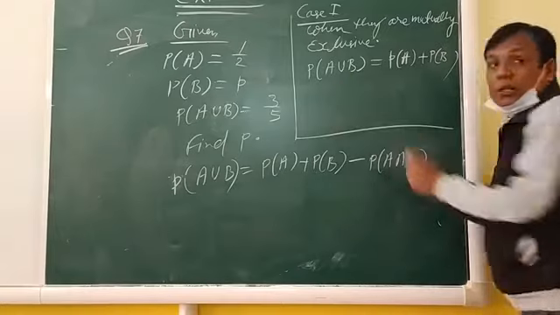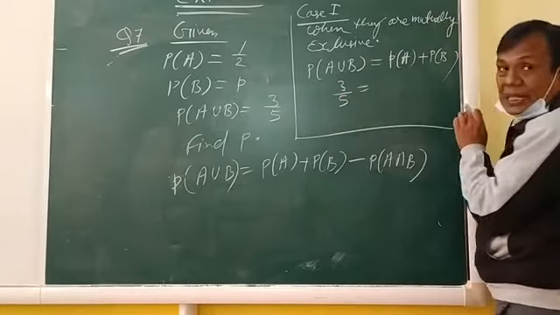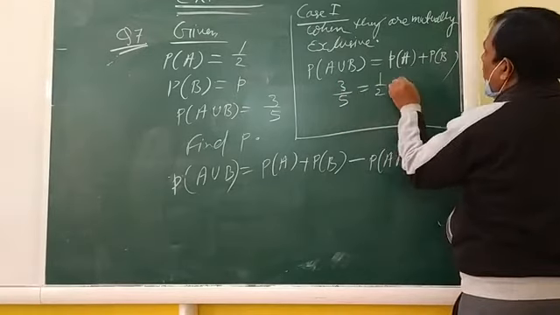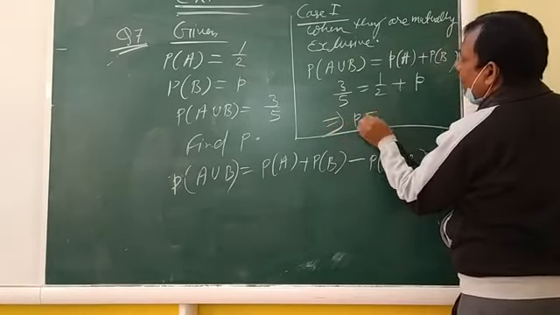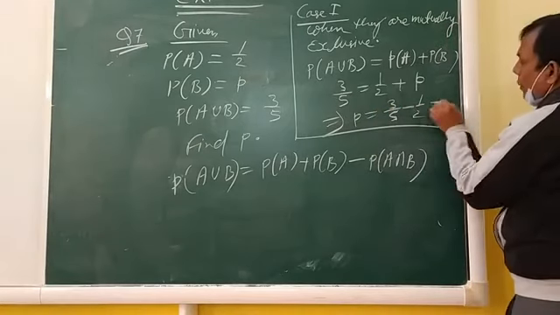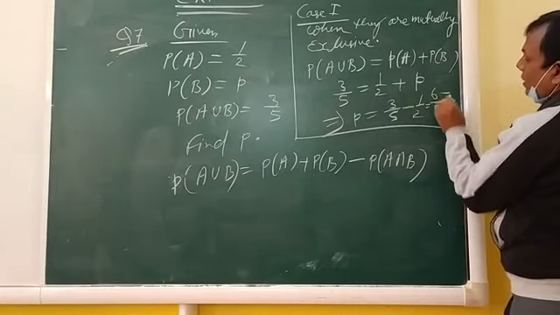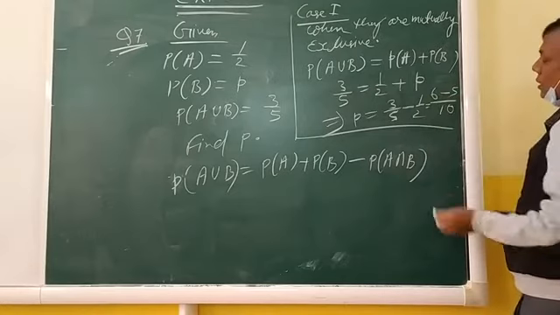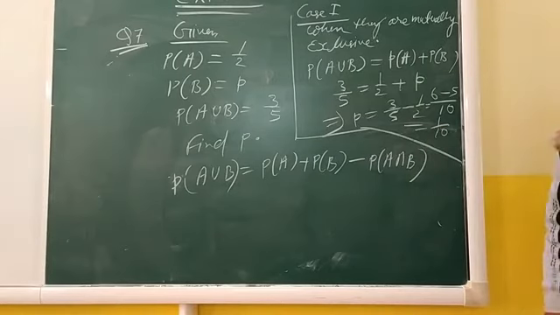So P(A union B) is given as 3 by 5, P(A) is 1 by 2, P(B) is p. So what will be the value of p? 3 by 5 minus 1 by 2. So it will be, LCM 10, 2 3s are 6, 5 1s are 5, so it is 1 by 10. This is the value of p when A and B are mutually exclusive.